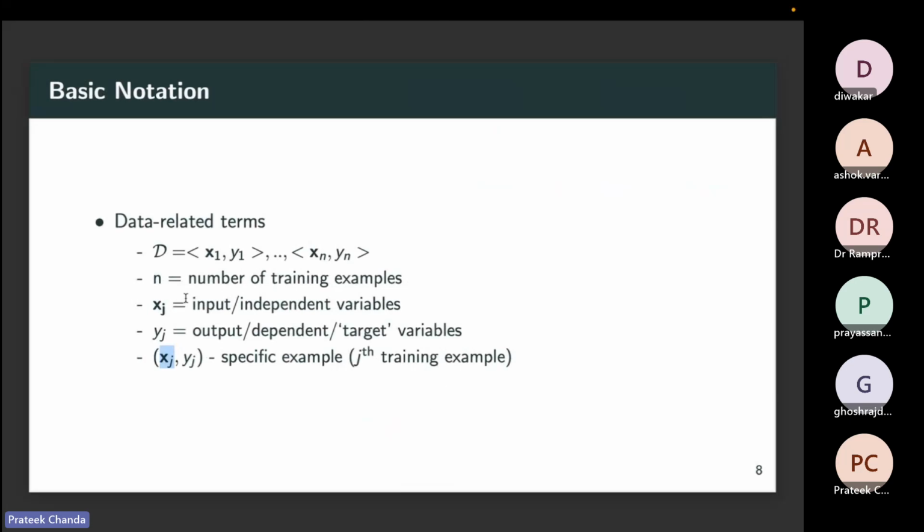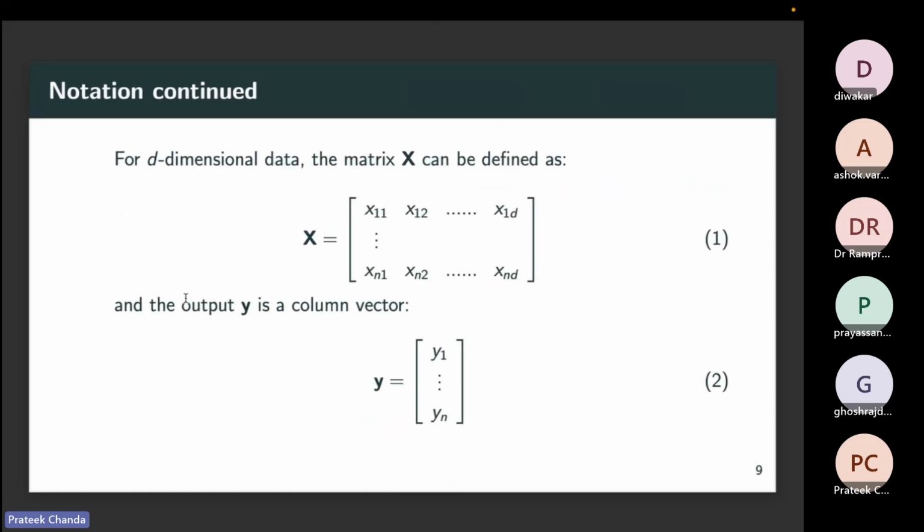So you can think of each xj as a vector of d values. In the matrix notation, row-wise I have n instances, so I have x11 to xn1, and column-wise I have d dimensions for each input, so that would be x11 to x1d.